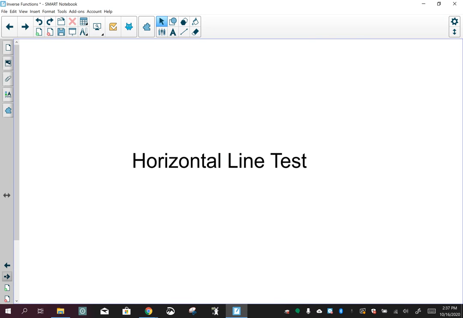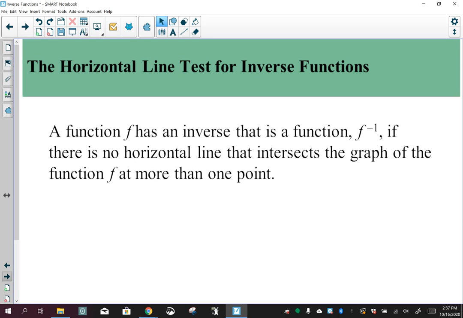All right, so this is an extremely easy thing. Remember when we were checking for functions, we had what was called the vertical line test, where you draw a whole bunch of vertical lines up and down to see if it crossed the graph one time or multiple times. The horizontal line test is the exact same thing. But instead of drawing vertical lines, you're going to draw horizontal lines.